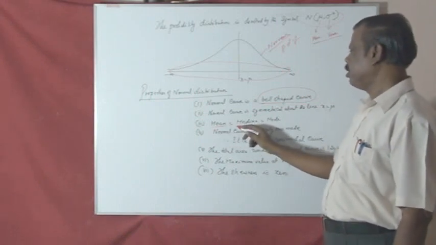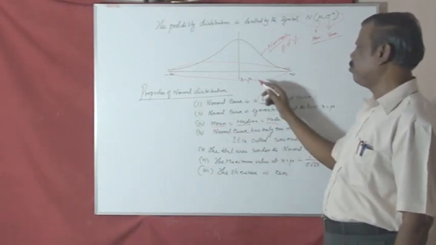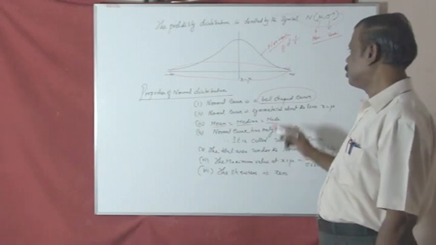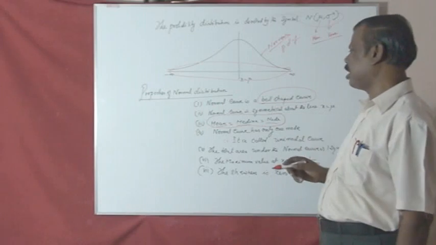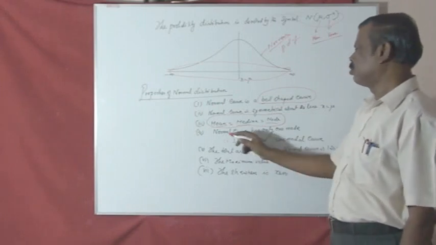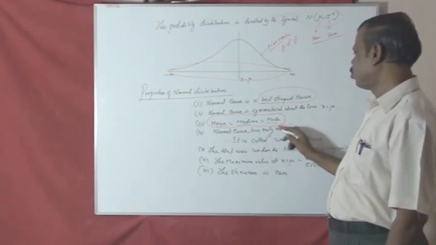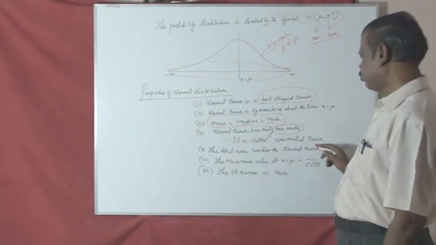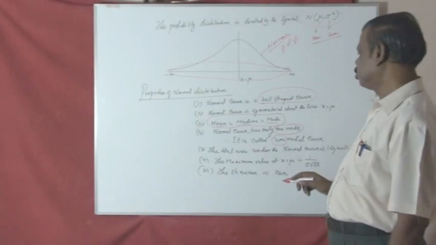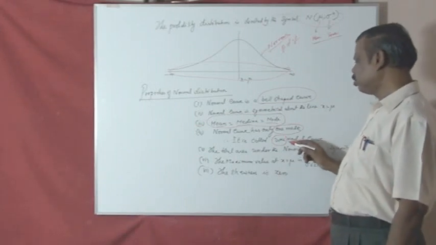Here the mean, median and mode, when you calculate them for this probability density function, they will be one and the same. So all of them are equal. The normal curve has only one mode, so it is called unimodal curve. Uni means only one.